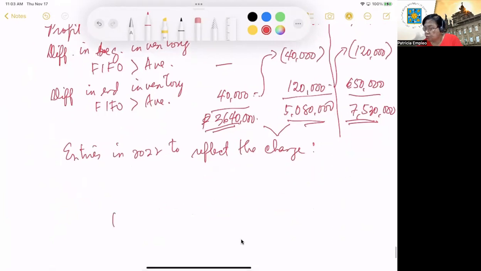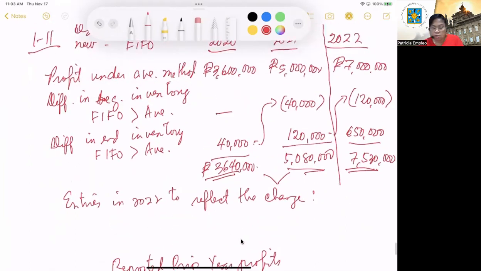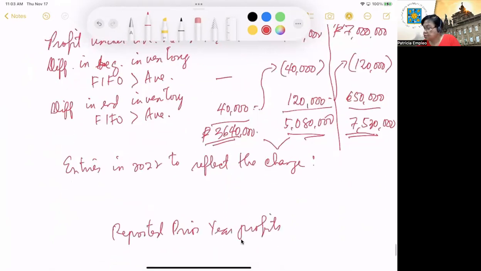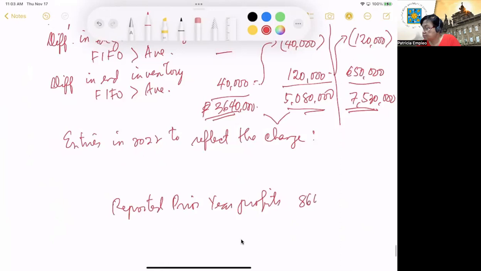Okay, so reported prior year profit. So we have 3,600,000 plus 5,000,000. Therefore, that's 8,600,000.